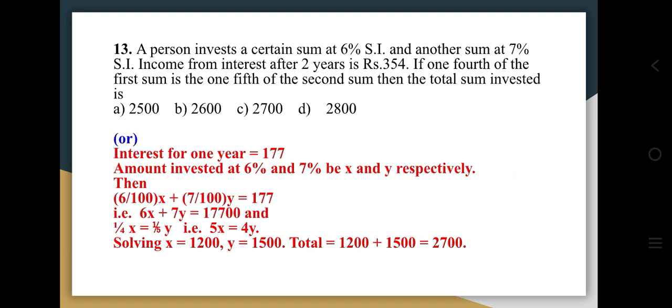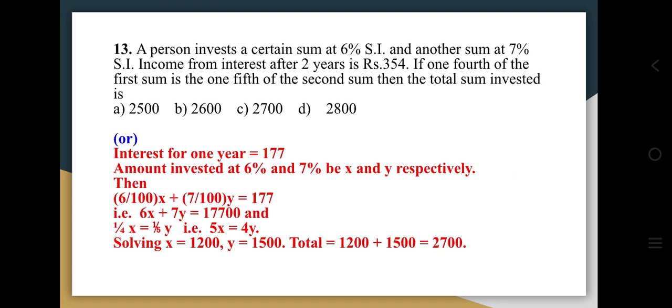That is 5x minus 4y is 0. So we get two equations involving x and y, and you have to solve them. One equation is 6x plus 7y is 17,700. The other equation is 5x minus 4y is 0.